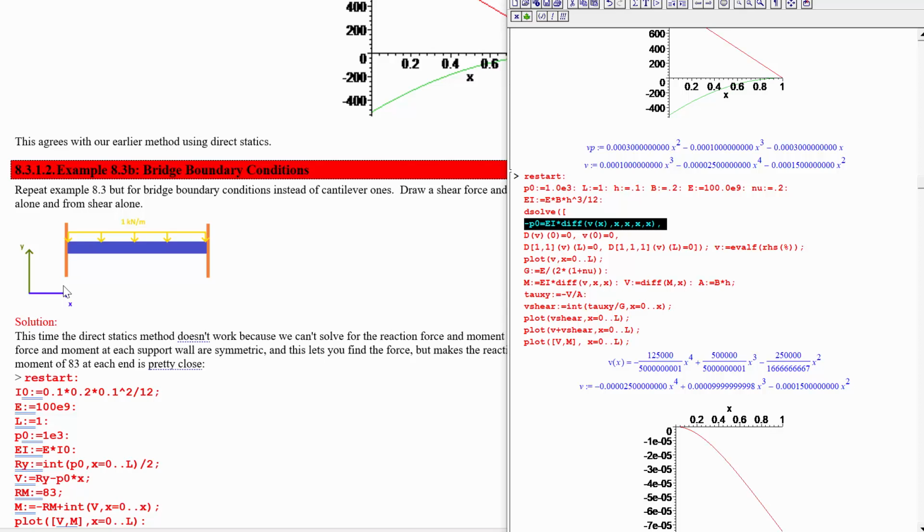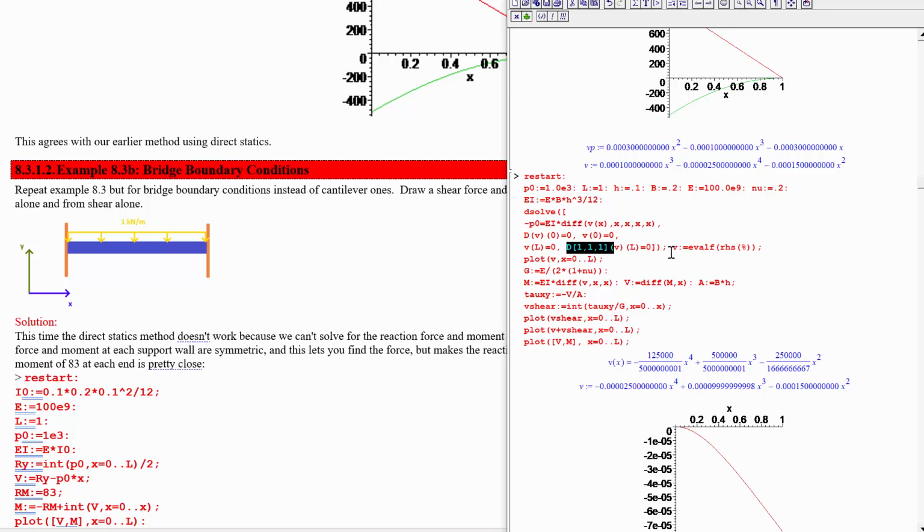Well, the future is now, my friends, because with the dynamic beam equation, not the dynamic, that's force of habit from the future. Later, we're going to deal with the dynamic beam equation. Now, with the static beam equation, we can apply some boundary conditions at the other end. It's the same as dealing with the cantilever above, except that rather than the moment being 0, meaning the second derivative of v has to be 0 at the end, we'll just have that v is 0 at the right-hand side.